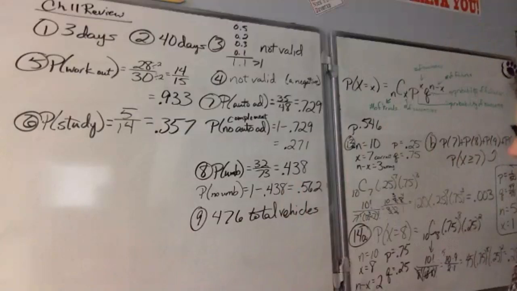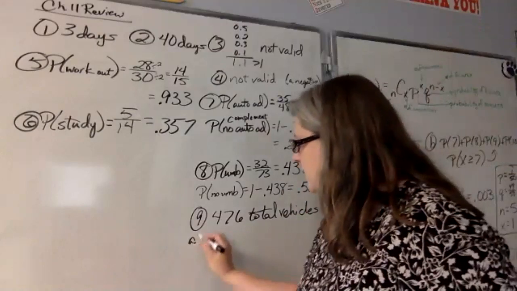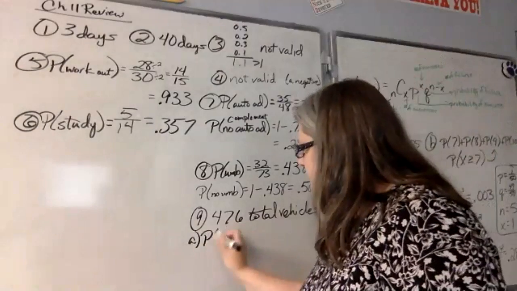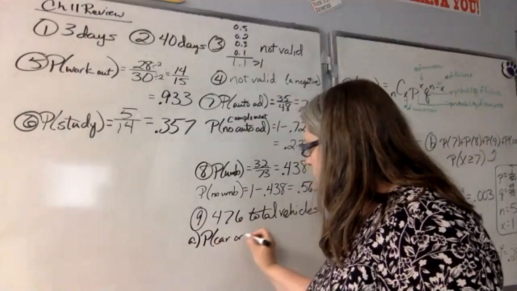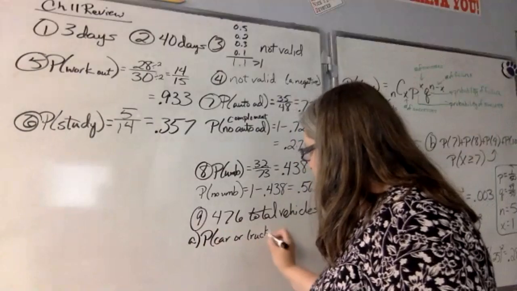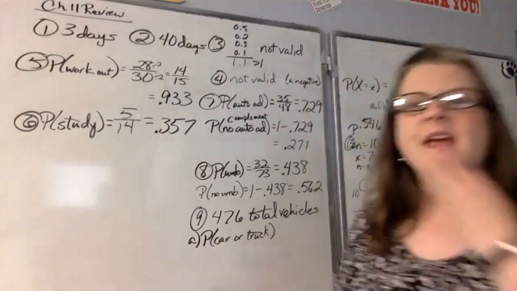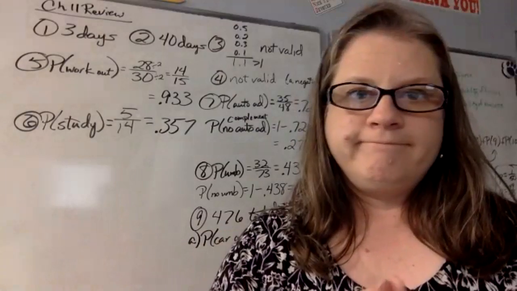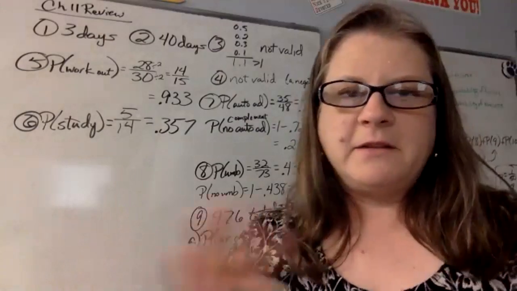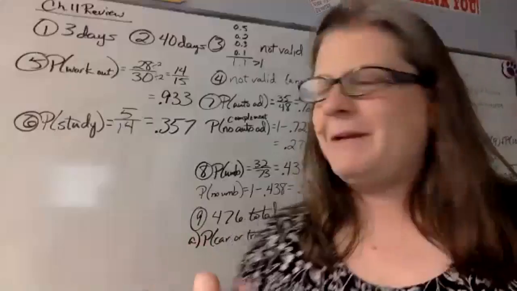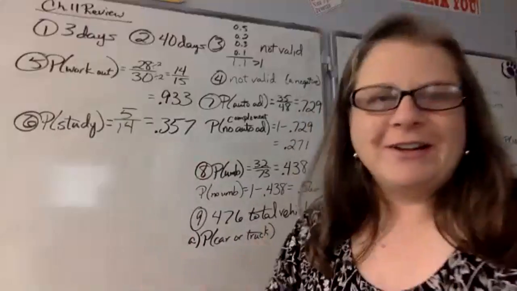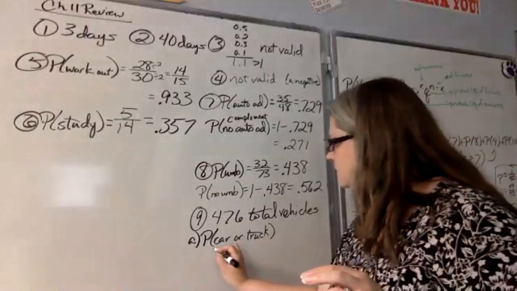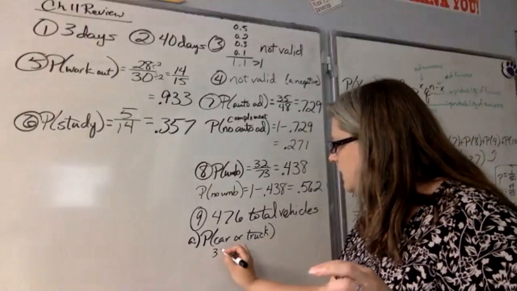All right, now for part A, it wants to know the probability of picking a car or a truck, okay? So, can it be both a car and a truck at the same time? They don't make those things anymore. We had, but anyway, so they can't be a car and a truck at the same time. So, how many cars were there? 324.